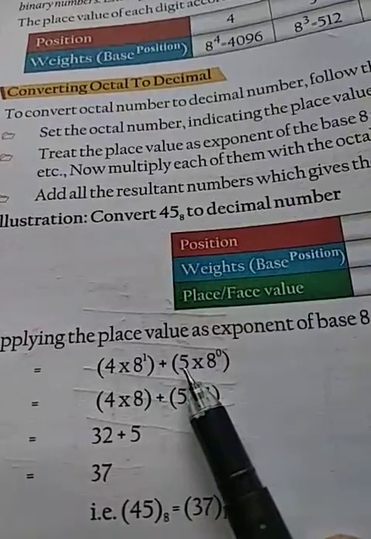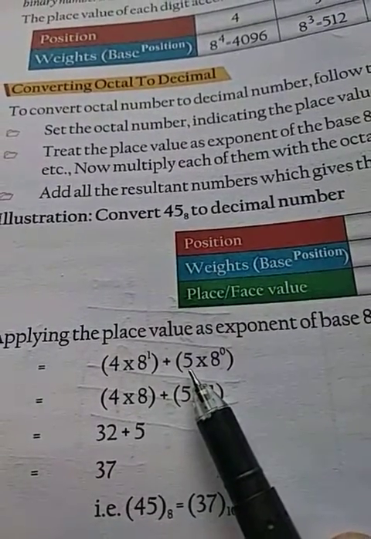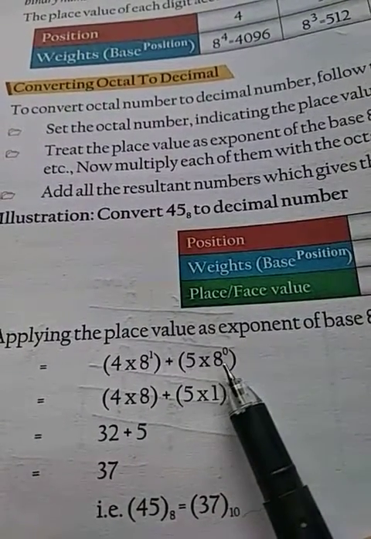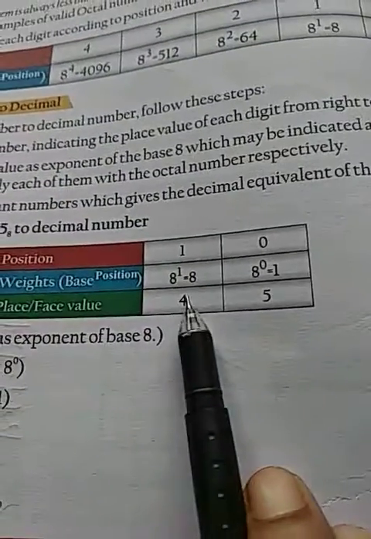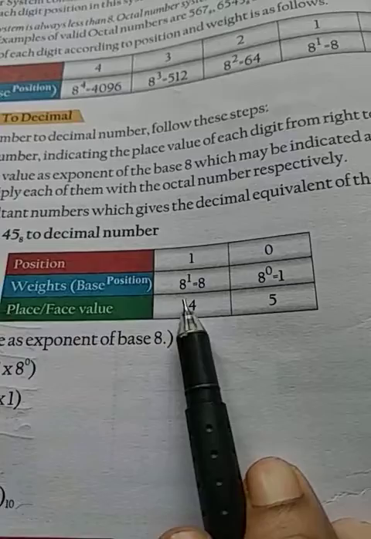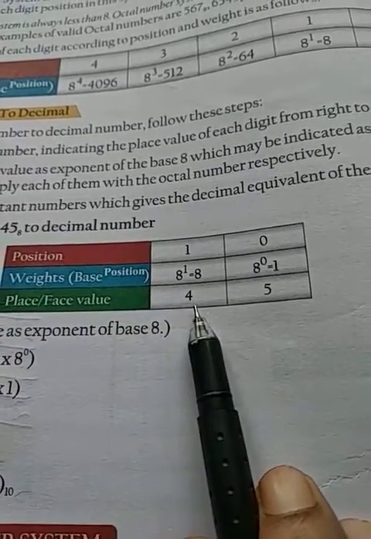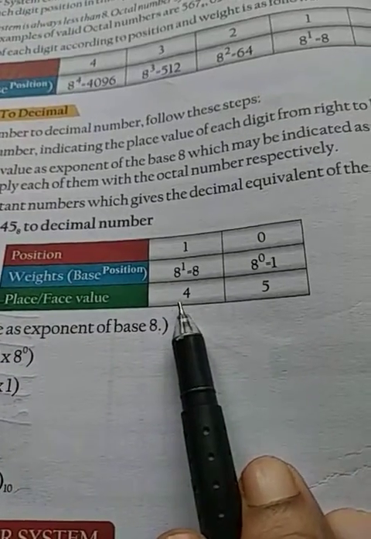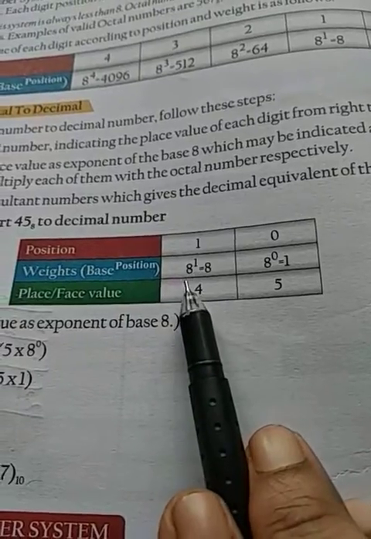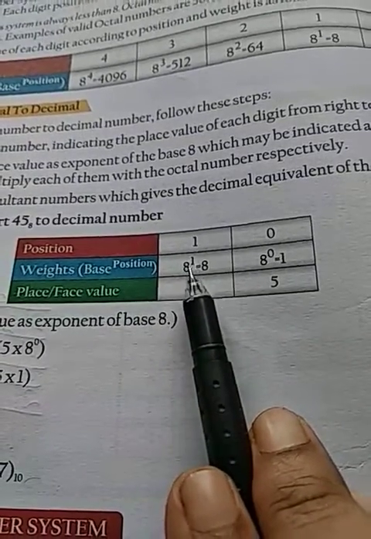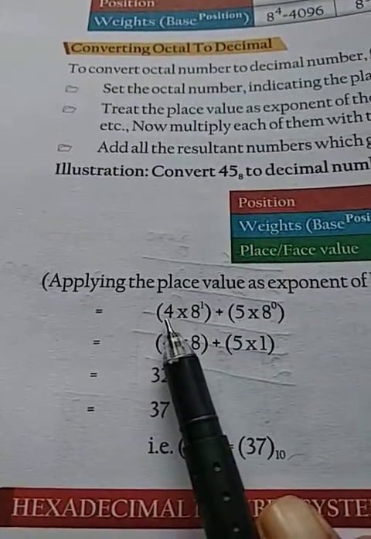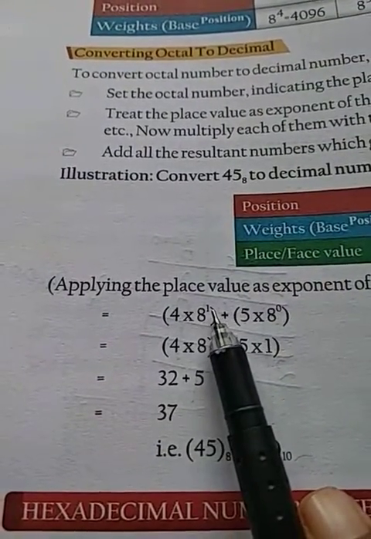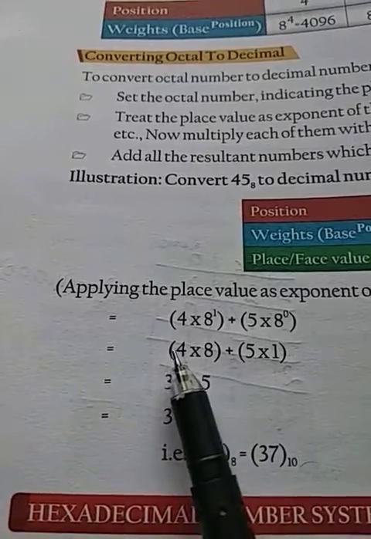The next number is 4. It stands in the second position, so we will multiply it by 8 to the power 1, which is 8. That becomes 4 into 8 to the power 1.